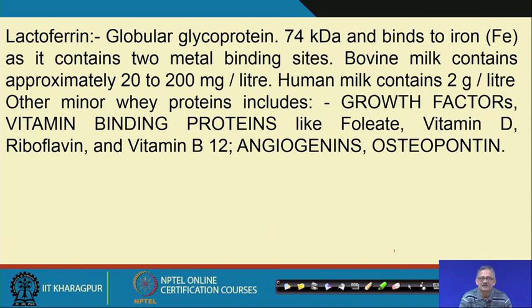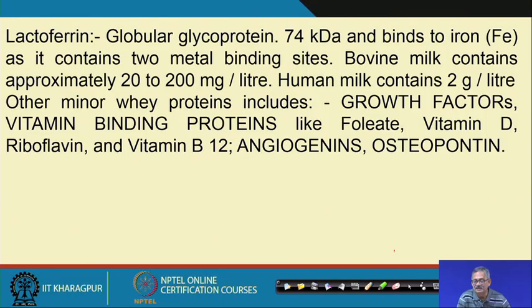Bovine milk contains approximately 20 to 200 milligram per liter of lactoferrin. Variations are obviously there, for many reasons, and it is not that all reasons are identical, but this number gives the range, right.